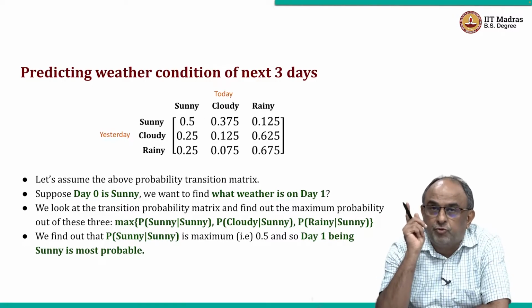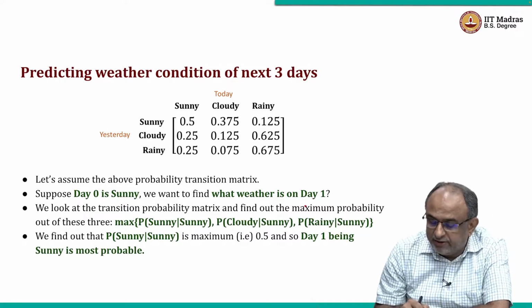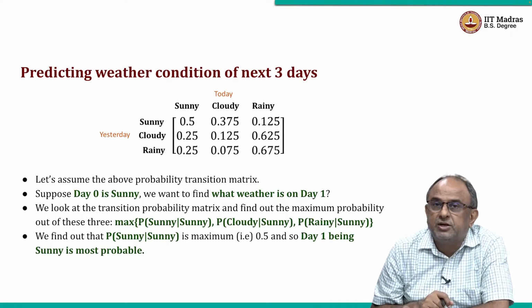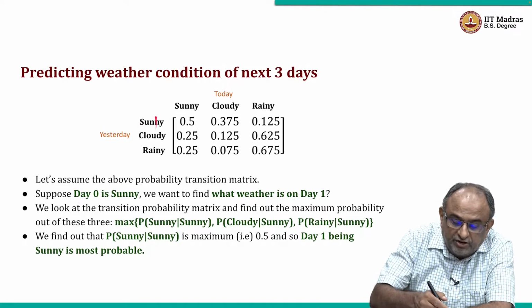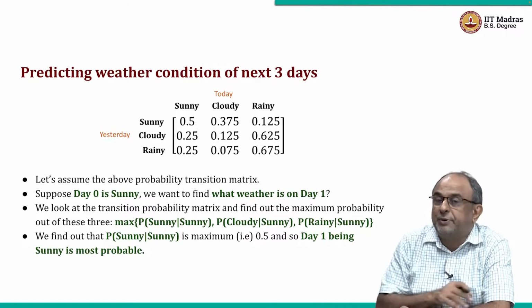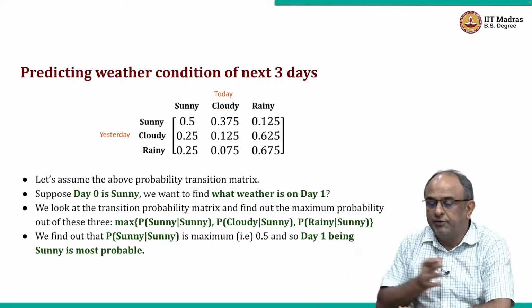So if I want a 1-day forecast, given that it is sunny, what is the next day forecast? Okay. So if you look at this, can you tell me, given that the previous day was sunny, what is my best prediction of the next day? If I told you today is sunny, what will you tell given the historical data?